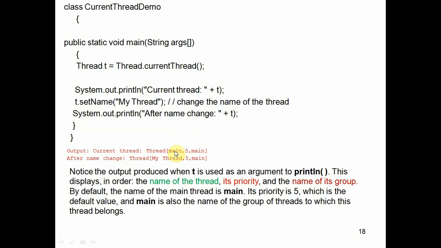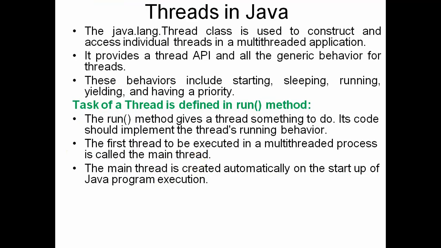This is the thread name, then this is the priority assigned to that thread, and this is the thread group. Every thread needs to belong to a particular thread group. So here the thread group is main and the thread is also main. After that we change the name of the thread. Here we get the changed name, my thread, this is the thread name, priority 5, and this thread belongs to the group called main. So that is about the main thread.